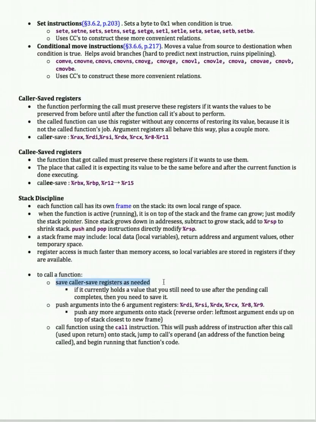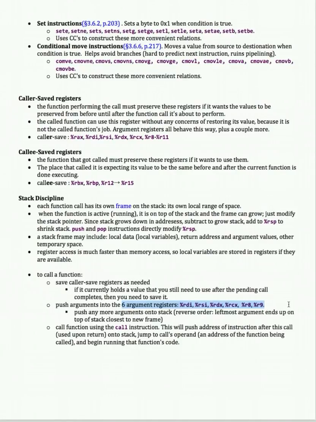Also, it puts the first 6 arguments into the corresponding argument registers. If you have more than 6, from the seventh argument on, they should be pushed into the stack.